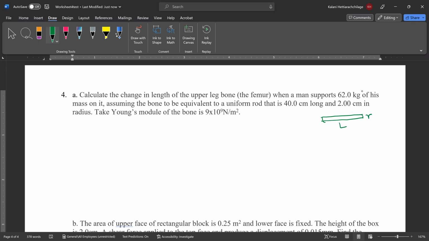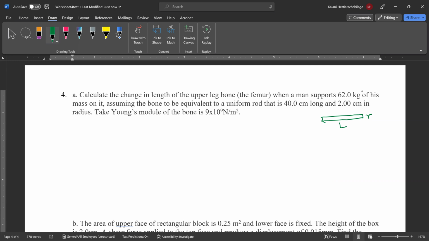And now what we need to calculate is the change in length of the bone, right? So when you have this 62 kilograms on this length and radius of bone, then your bone will expand when you apply the force.